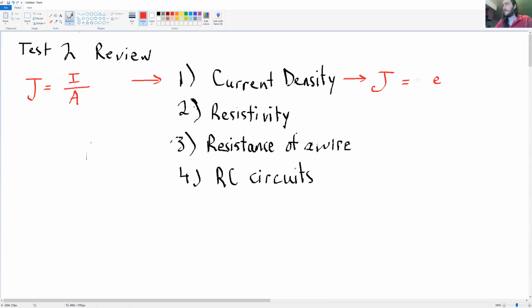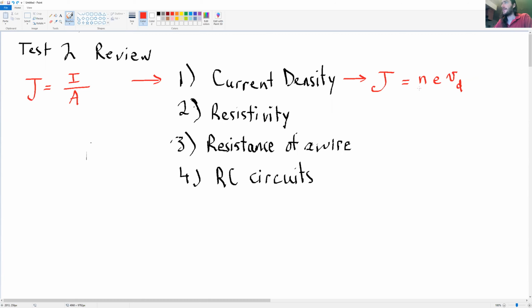And so we'll use positive E here for the charge of the charge carriers. We use the letter N for the density of charge carriers in the wire. And then we use the speed of those charge carriers. Excuse me, no A here, this is the current density.